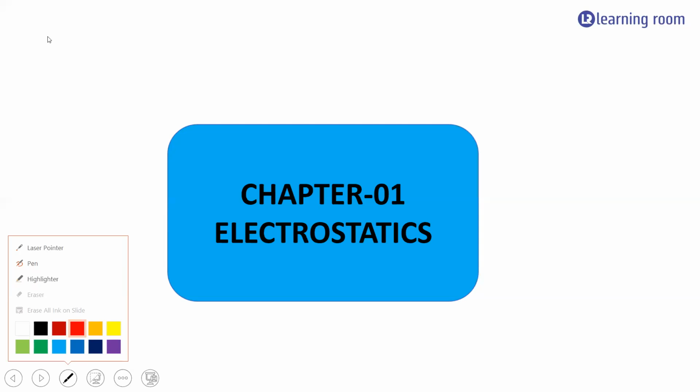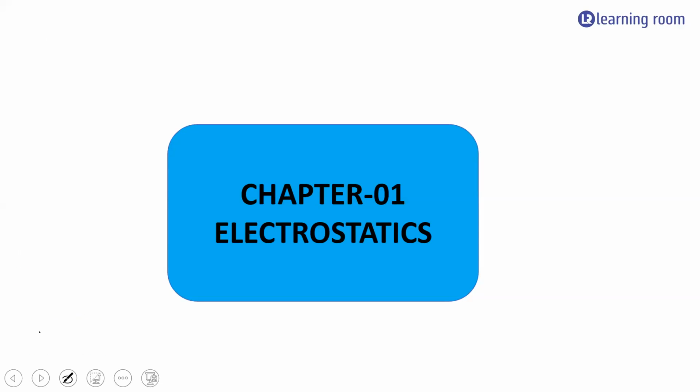Okay. So I'm going to go subtopic wise. Chapter 1, electrostatics. Electrostatics is a branch of physics where we are going to deal with the charges that are at rest. We know this fact, right? Under electrostatics, what are the 2 important branches we are going to discuss?